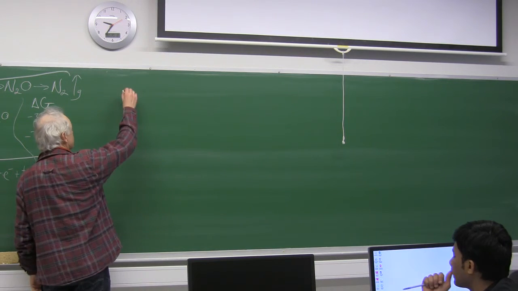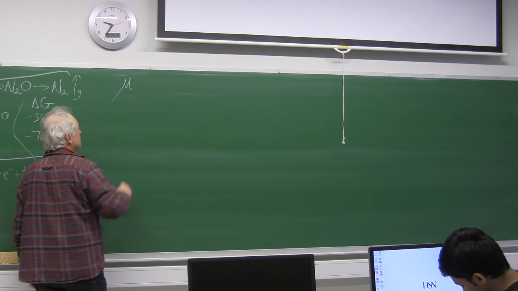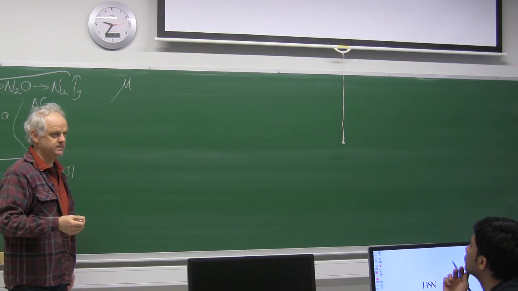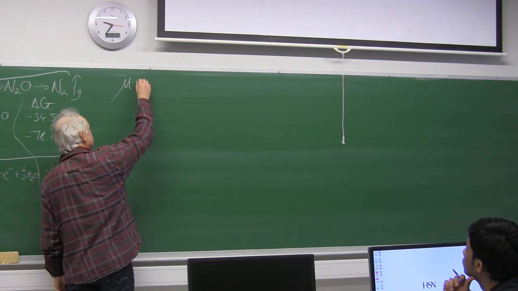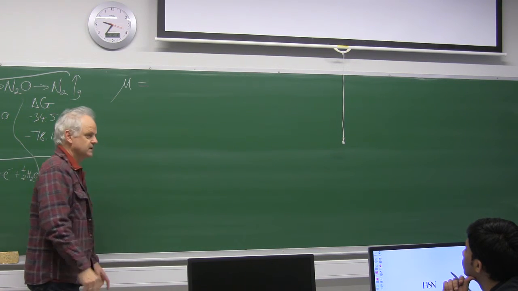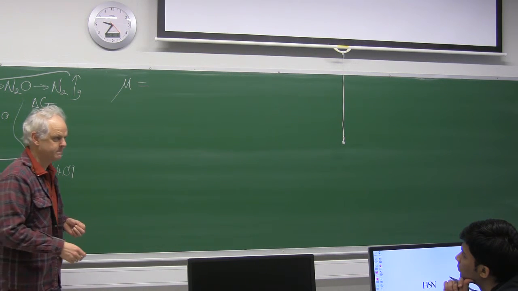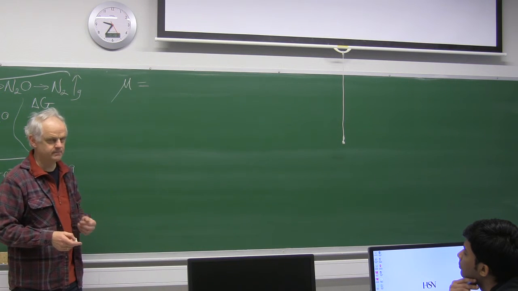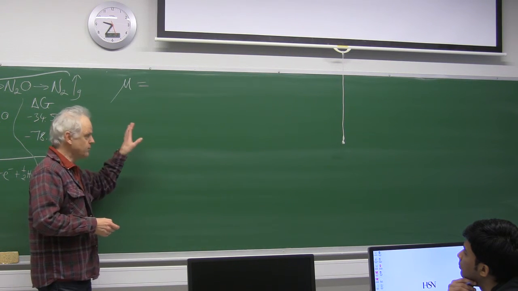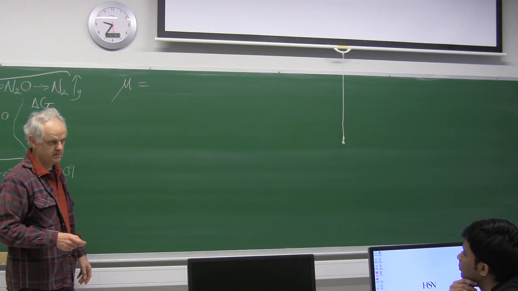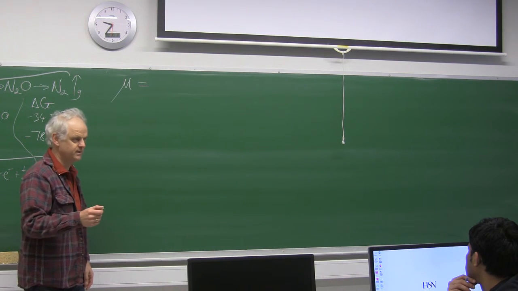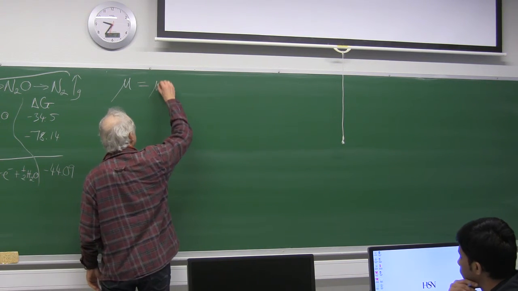If we just go for our standard expression, mu, growth rate, the growth rate of the nitrifiers, what's our standard way of expressing growth rate? Some Monod equation, yes. And what are the symbols we use? What's the first thing we put up? Mu max.